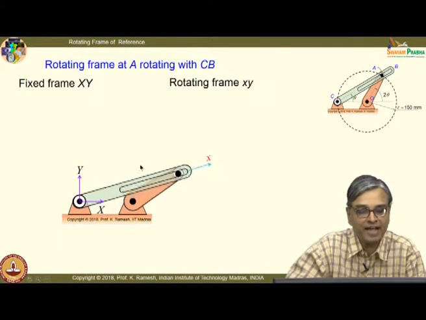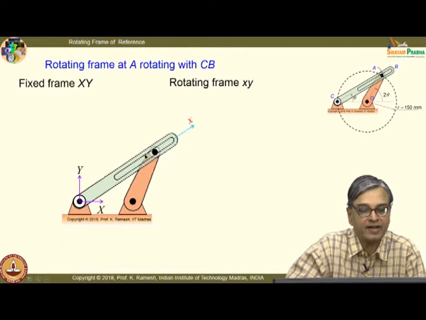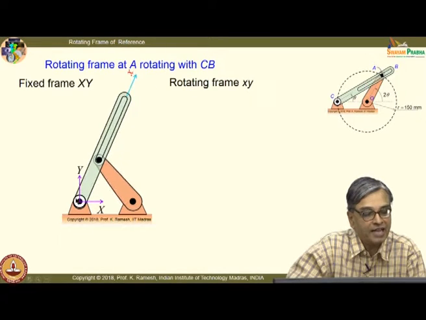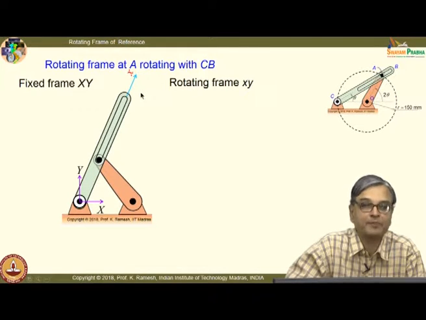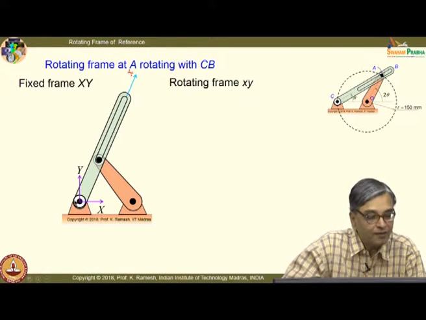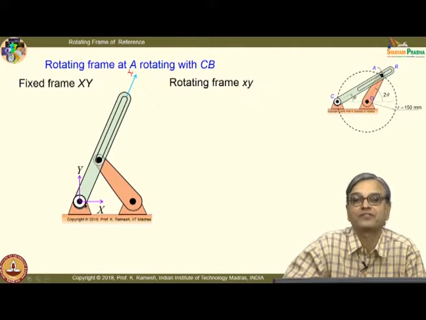So, whenever I have a slotted member where the member is moving, take the axis on the slotted member, that is fine. If there is a choice between putting it along with the fixed frame of reference or putting it at the point, put it with the fixed frame of reference.